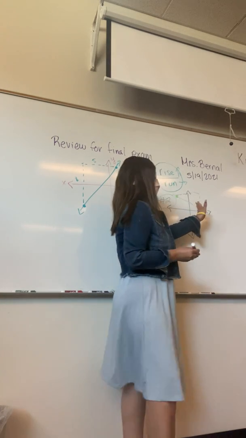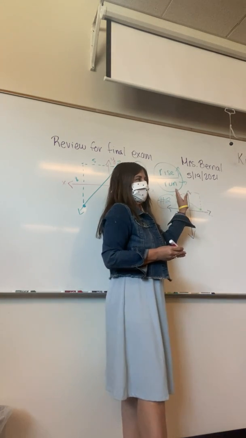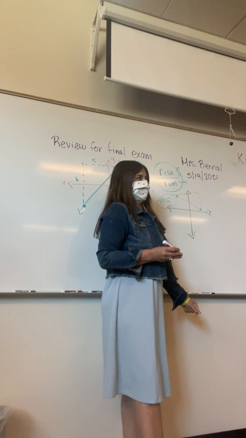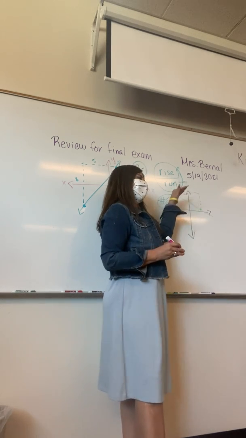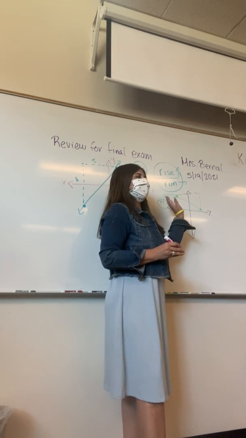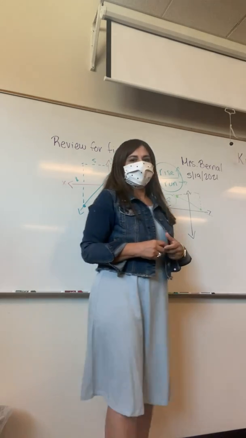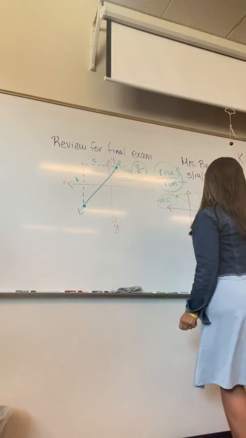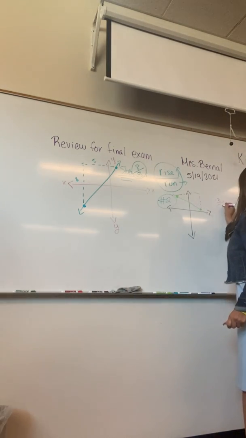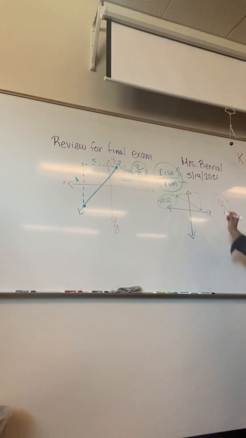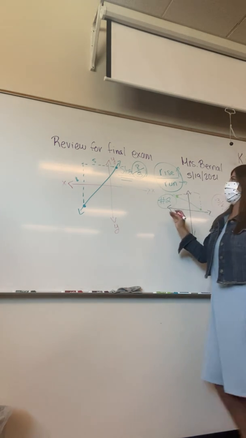This line is going to the left, so that means it's a negative, okay? Negative line, remember, down or to the left is going to be a negative slope, okay? So this time we have -3 over 5, okay? And just remember, for me, this is easier to find the slope this way.